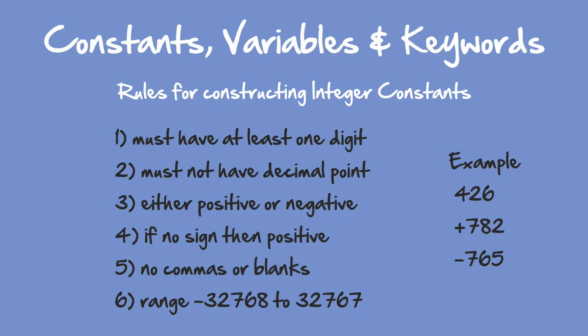If no sign is provided, then the sign is considered to be positive. No commas or blanks are allowed in that constant. And the range of an integer constant is -32768 to +32767. Why the range is specific like this, I will explain to you later. Examples of integer constants are 426, 782, -765, like this.